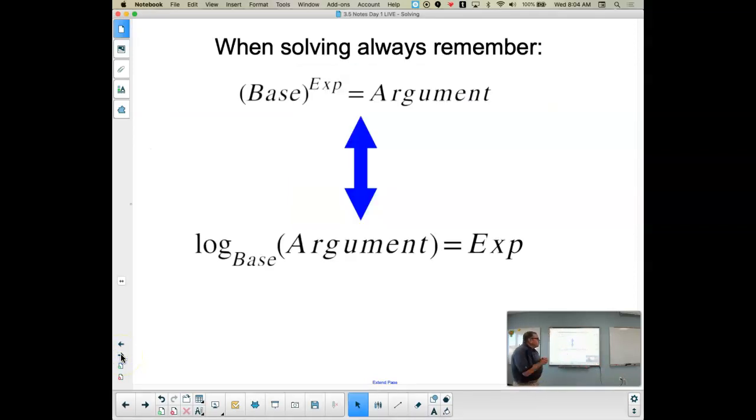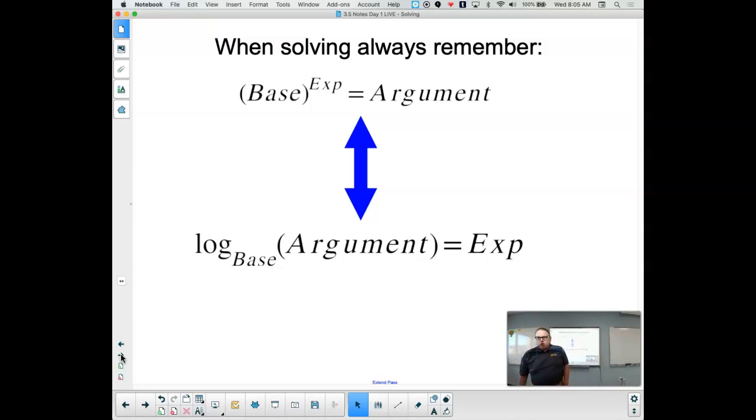Okay? So one thing to always remember is that when you get stuck in an exponential or a logarithmic equation, you should switch forms with it.